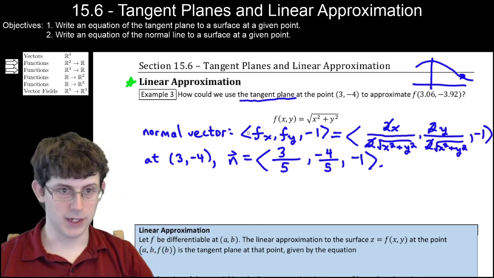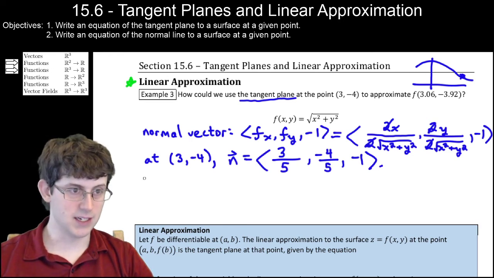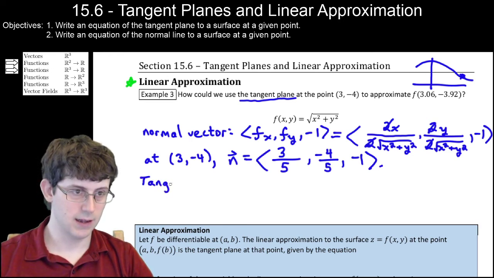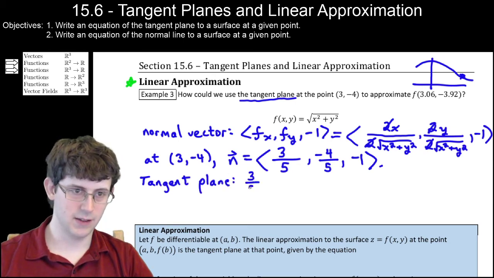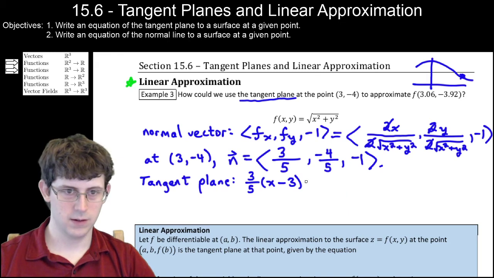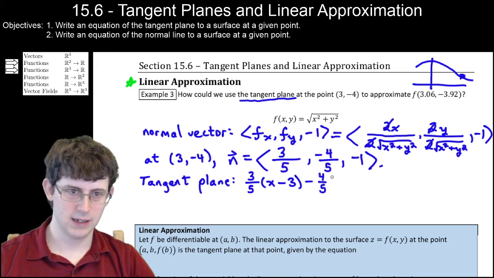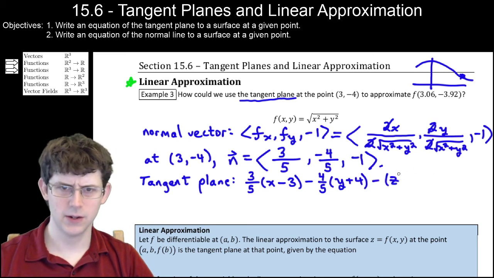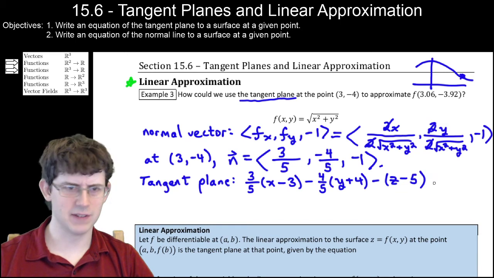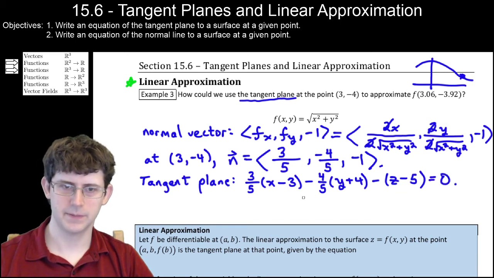So what is it approximately? The tangent plane, this is going to be our replacement for the real actual surface, is 3/5 (x minus x0) minus 4/5 (y minus y0) minus 1 (z minus z0), and z0 looks like it came out to 5 here, all equals 0.